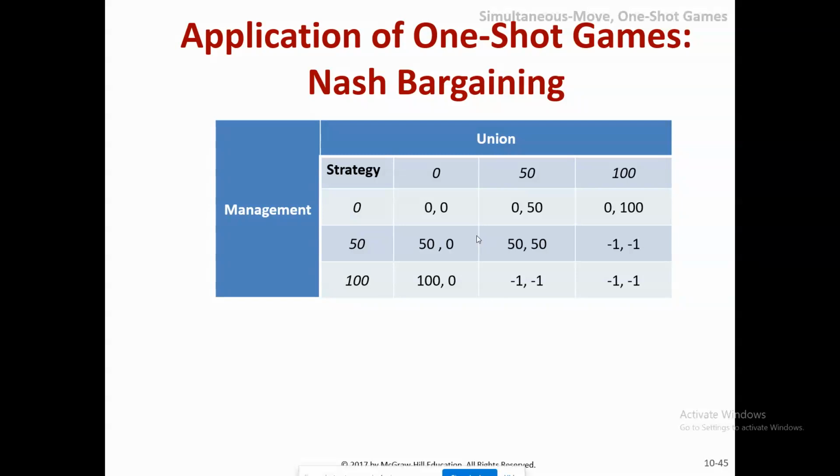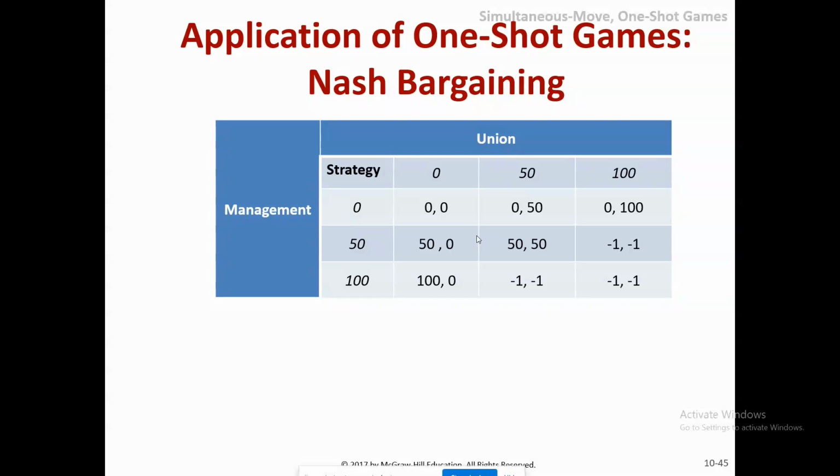The labor union wants all $100 from the firm, while the management wants to keep all $100 at the firm, and they initiate a bargaining. But the management and labor union only have one shot to reach an agreement. That's the setting of the game.